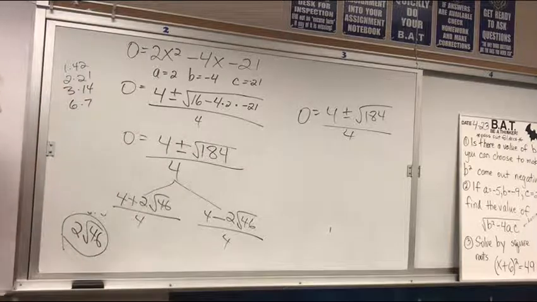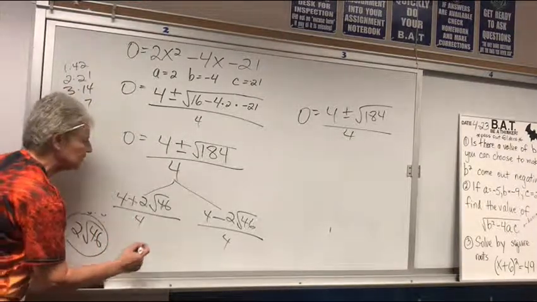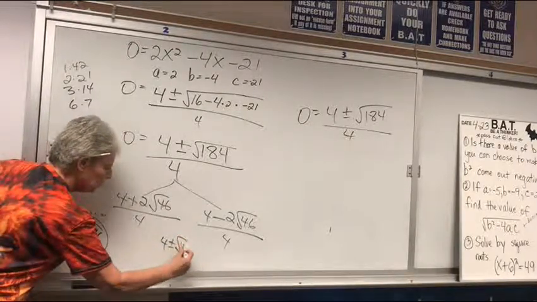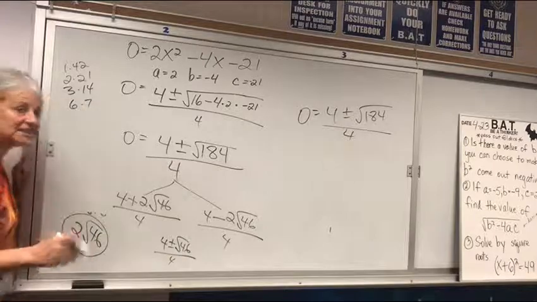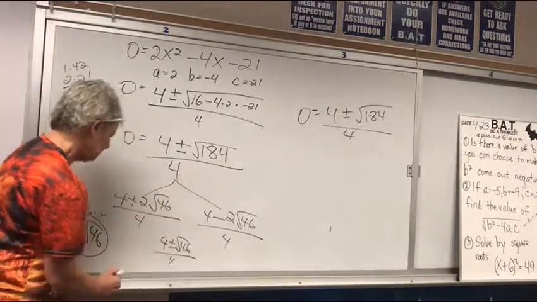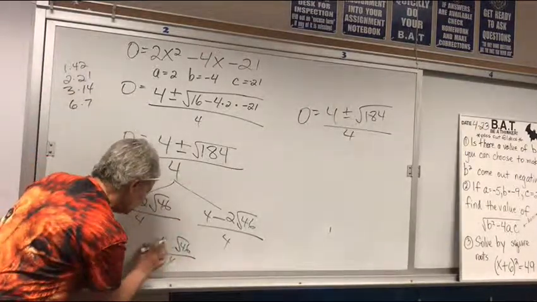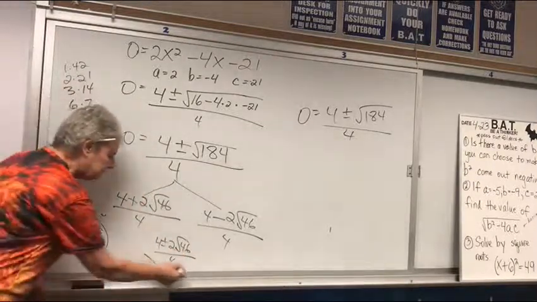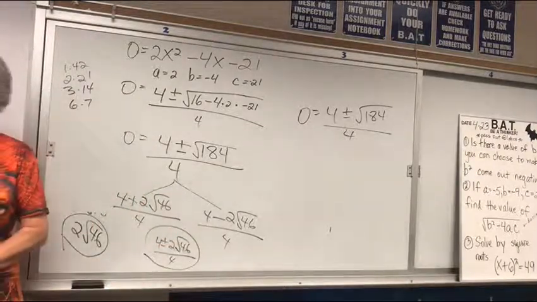And that's the answer in radical form. You actually could just write the answer 4 plus or minus 2 radical 46 over 4 if I tell you radical form. That is the final answer.